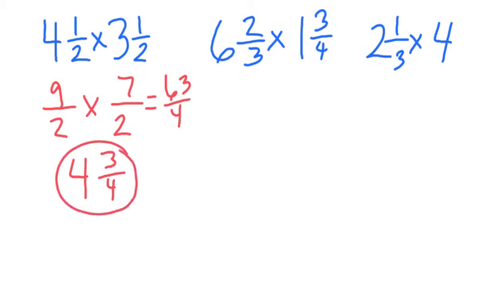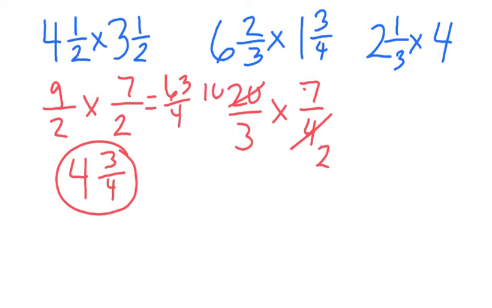Let's do it again. First step, make it improper. 3 times 6 is 18. 18 plus 2 is 20. Then 4 times 1 is 4, plus 3 is 7. Top times top, bottom times bottom. If you can cancel, you can. Will anything cancel in this one? Yeah, the 4 and the 20. So I'm going to divide that by 2 and divide this by 2.